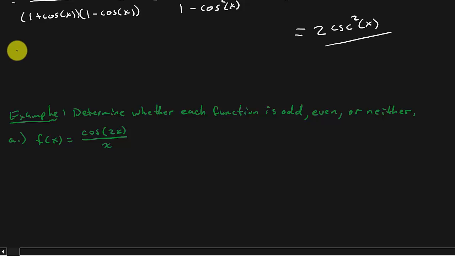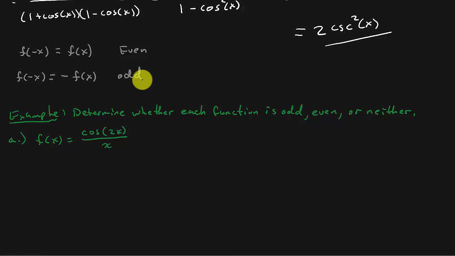So if we have f of negative x is equal to f of x, then we have an even function. If f of negative x is equal to negative f of x, then we have an odd function. That's how we determine if functions are odd or even.